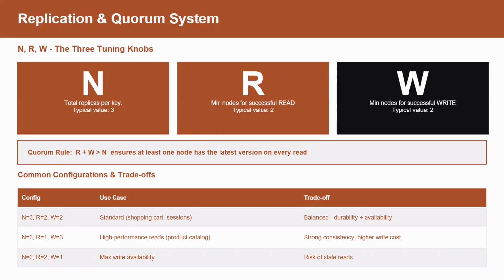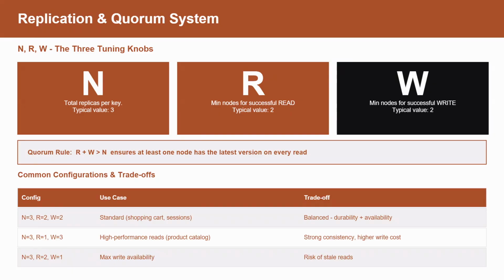Second, R is the minimum number of servers needed for a successful read operation. W is the minimum number of servers needed for a successful write operation. Now let's understand this with a simple example. Suppose N equals 3, R equals 2 and W equals 2.